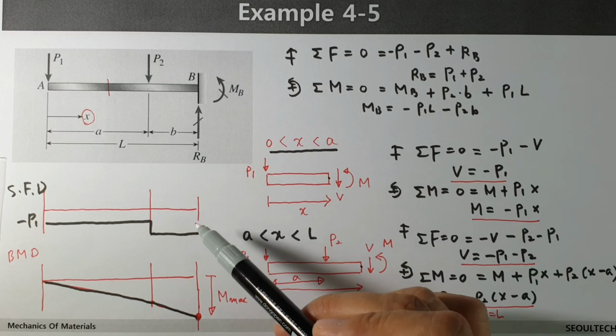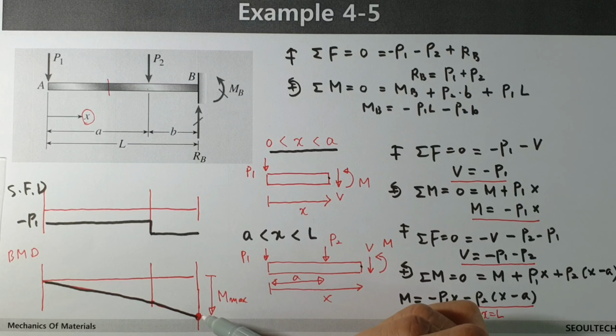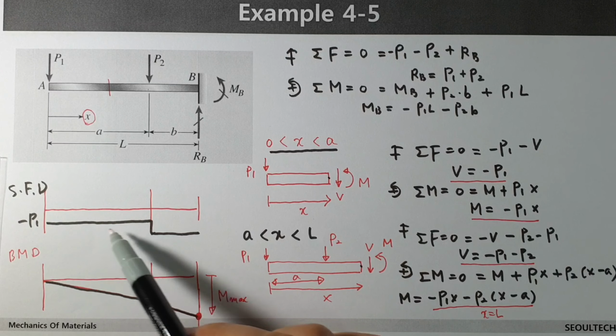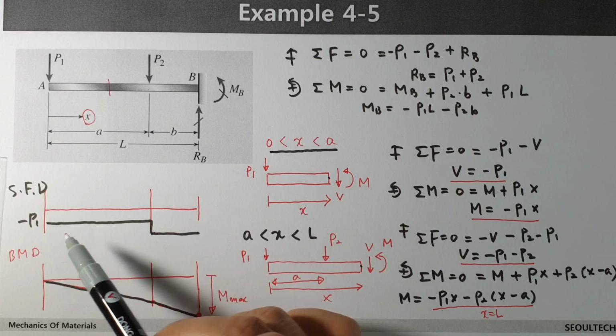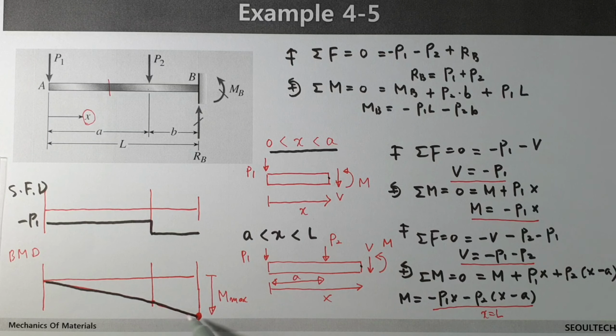When you compare both diagrams, shear force diagram and bending moment diagram, if it is constant and is integrated, then you can have a linear relationship like this one. Here as well, the same consideration can be applied. Or we have a linear relationship here, and if you take the derivative, then you can have this kind of value in this range as well.